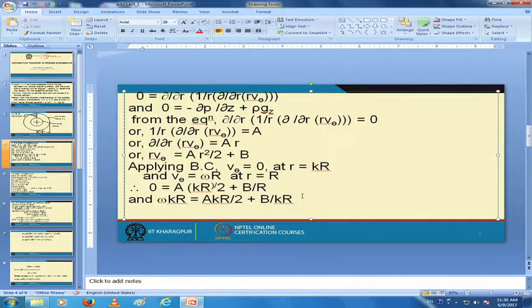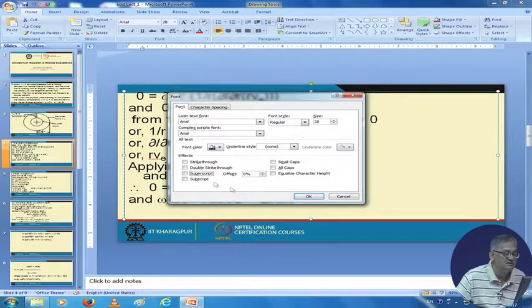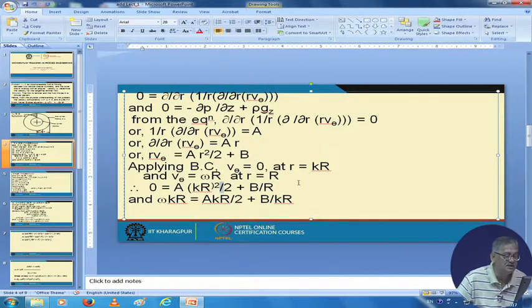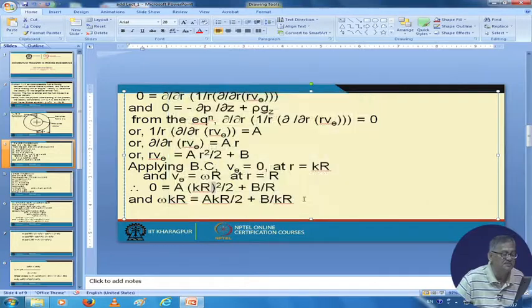So, it will be R square, and obviously this will come down to normal, kR square, this also has to come to normal only. So, kR square by 2, and this was plus B only.